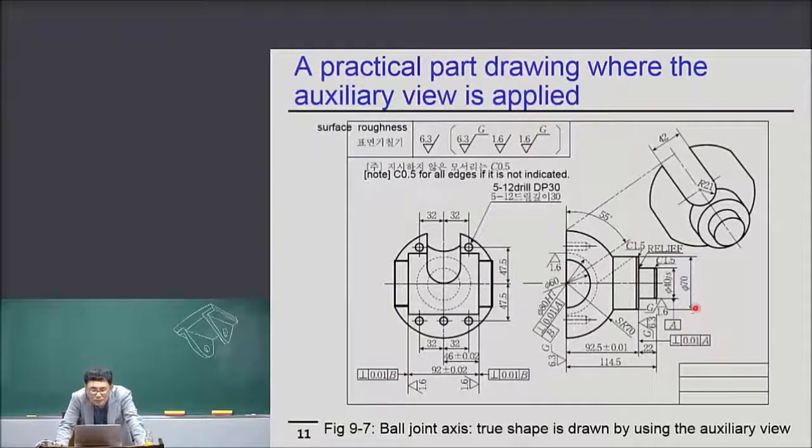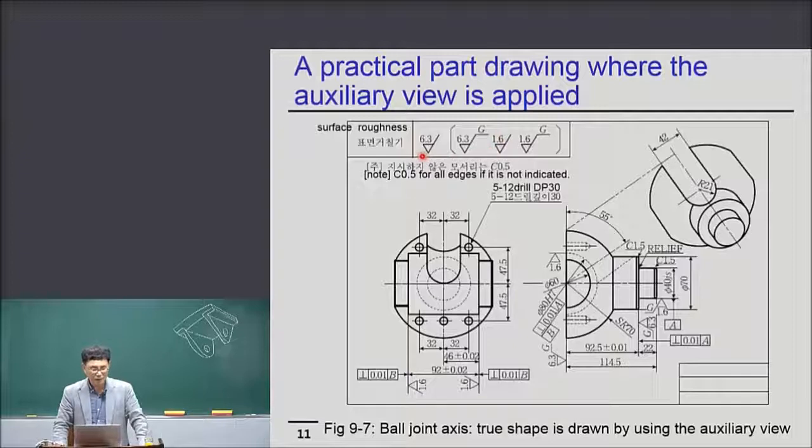Where is it? Let me see, 1.6. Here, 1.6 and grinding. So the surface of this cylinder, whose diameter is pi 40, should be 1.6 with grinding, right?